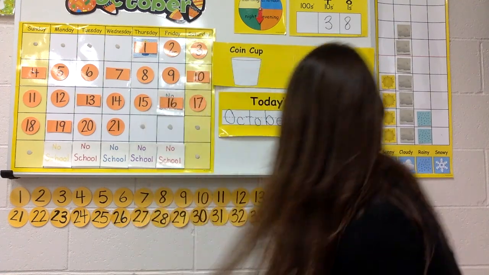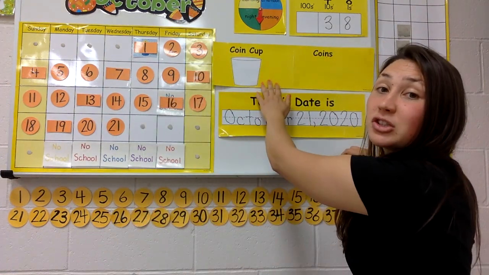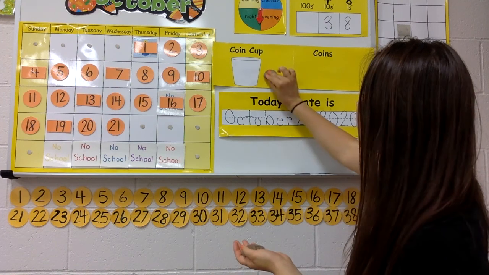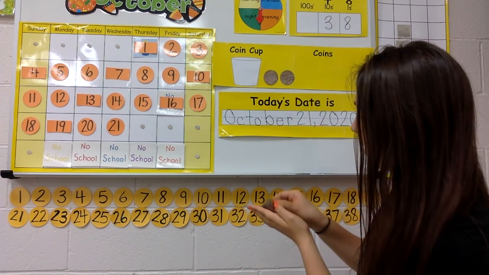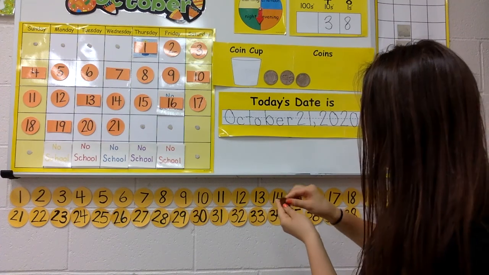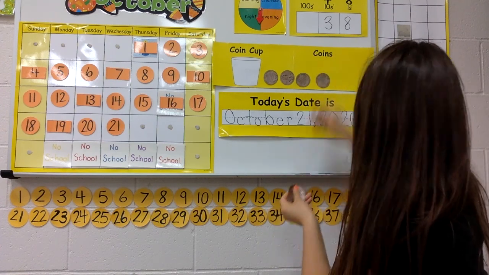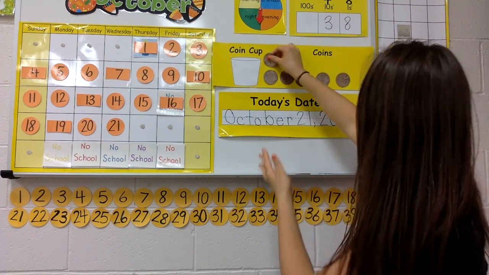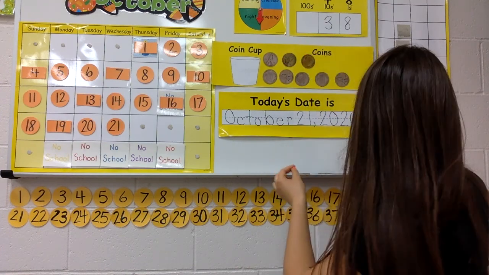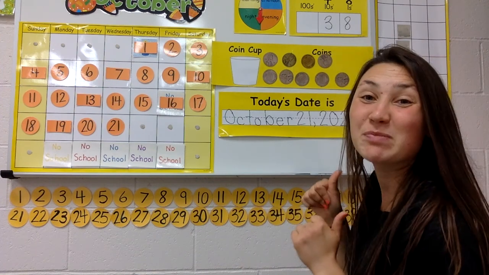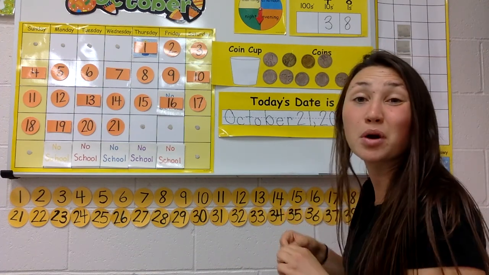So let's count them out one more time to show them up here. Ready? 1, 2, 3, 4, 5, 6, 7, 8, 9. 9 pennies. All are worth how much?